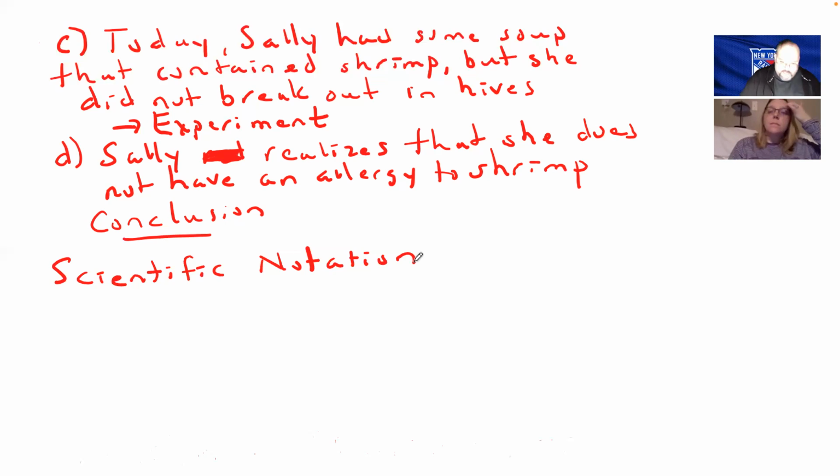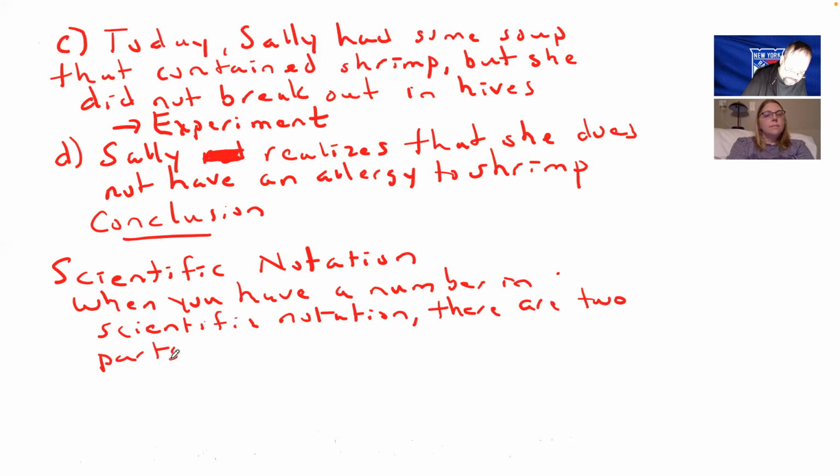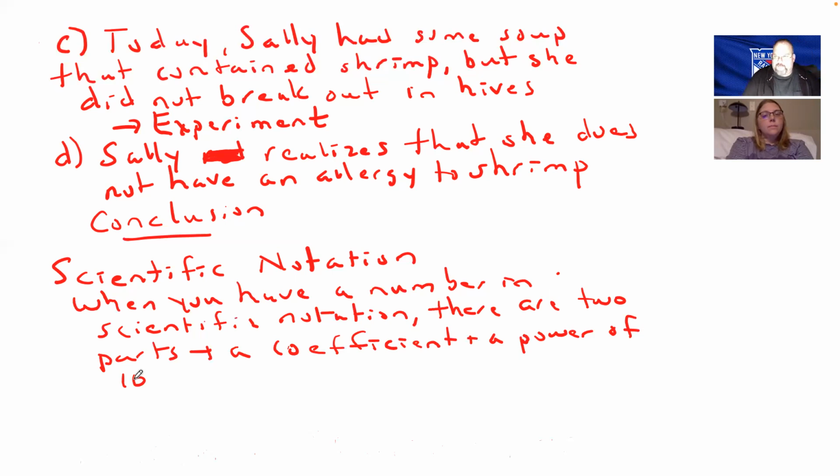So when you have a number in scientific notation, there are two parts. There is a coefficient, and there's a power of 10.